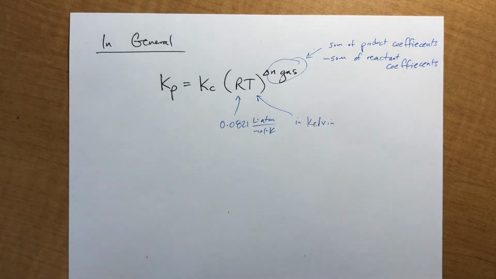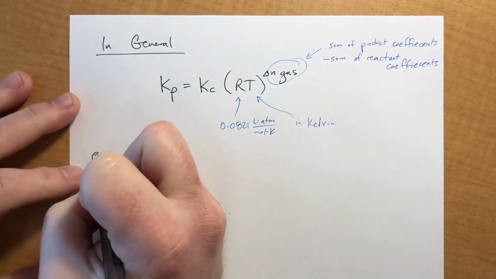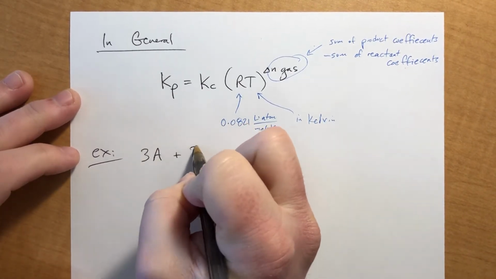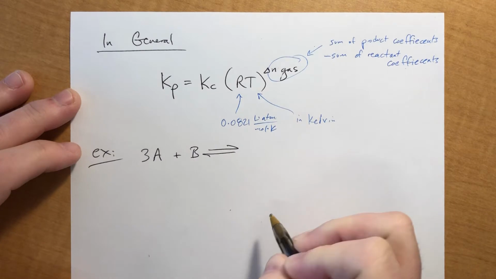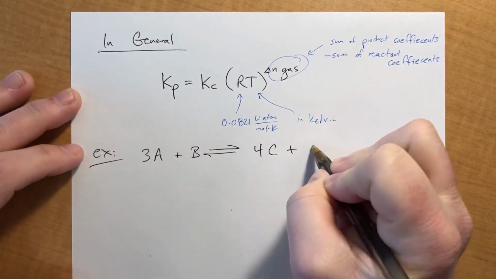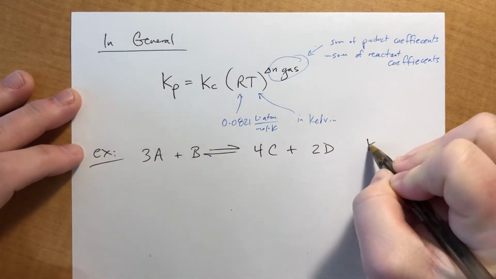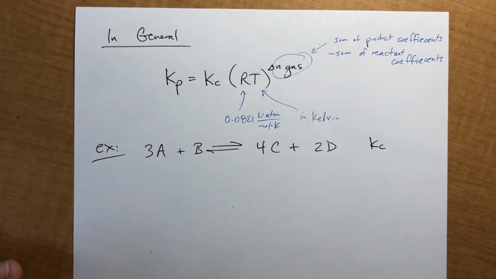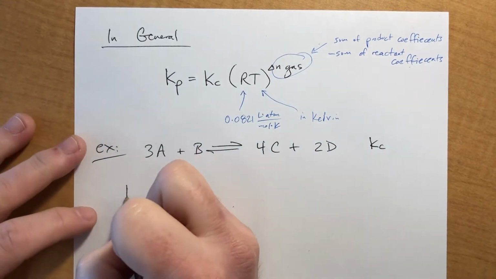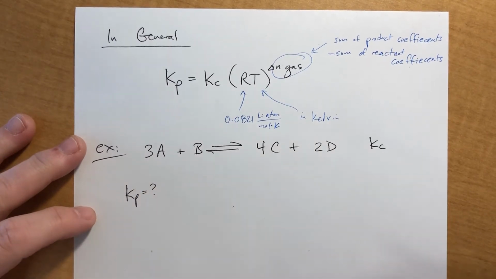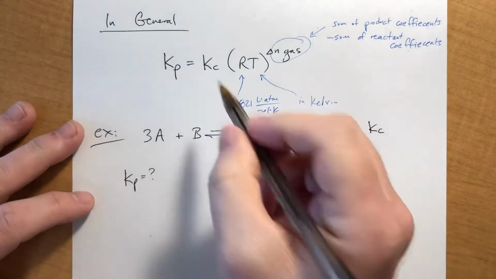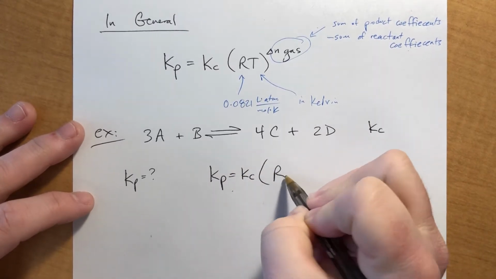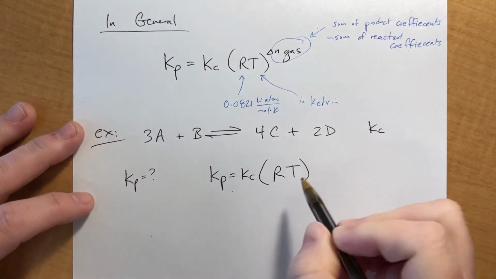So let's look at a generic example here. Let's say we had 3 moles of A plus B forms 4 moles of C plus 2 moles of D, and we have some sort of Kc value for it. But if they're all gases, what we want to know is, what is Kp? Well, we would just use this equation. Kp equals Kc times RT, where R is a constant and T would have to be given, to the delta n of gas.